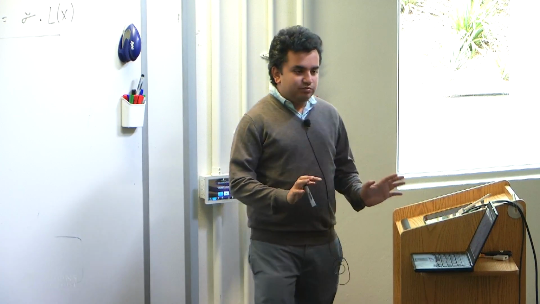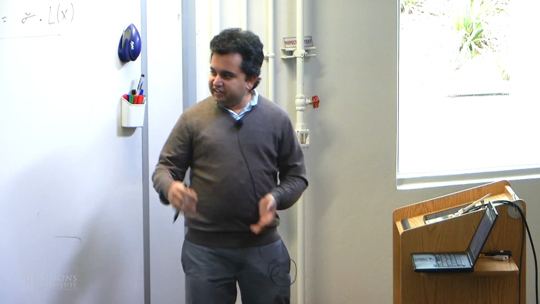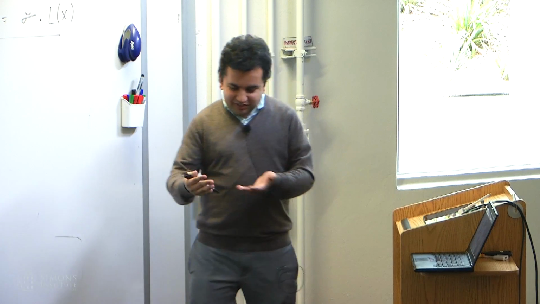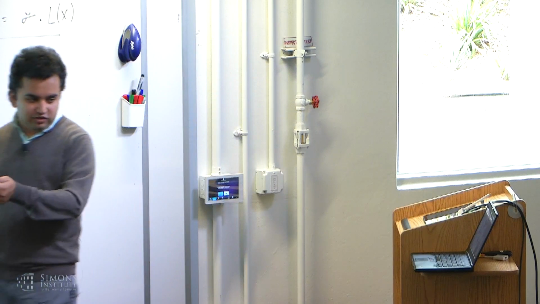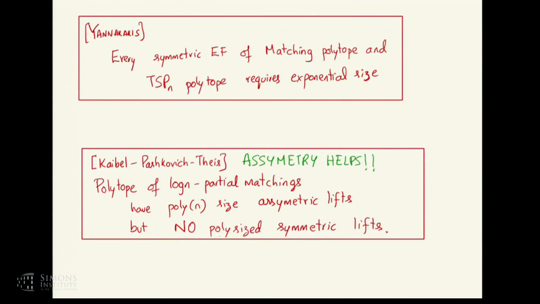So asymmetry does help, and you can see it in dynamic programs. It's very clear that you would want asymmetry. You would want to fix one variable, and you want to fix the order in which you'll do it. But this is what it shows. But knapsack is not symmetric. I mean, the polytope is symmetric, right?